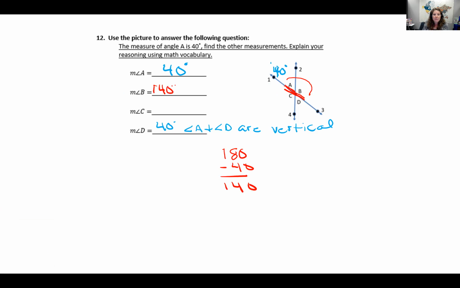For my math vocabulary, I could say angle A and angle B are supplementary. And if B is 140, that means C is 140. I would say angle B and angle C are vertical. Of course, there are different answers for those. I could use other vocabulary terms as well.